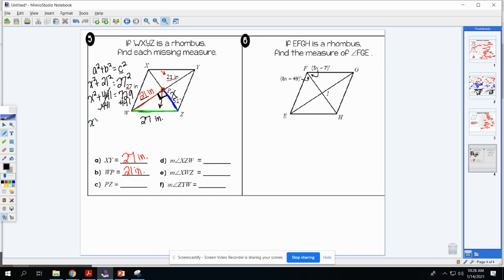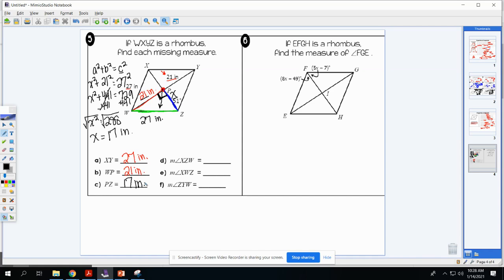So when we do that, we're going to get x squared equals 288. And remember, anytime we got something squared and we're trying to solve for it, the last step is to square root it. So after we square root 288, we are going to get 17 inches.